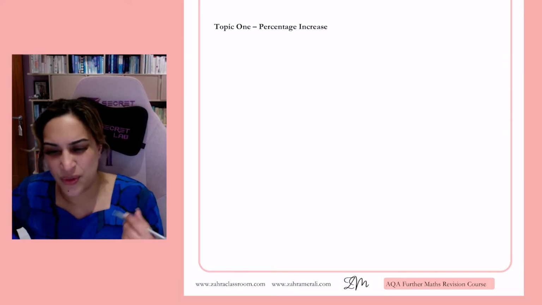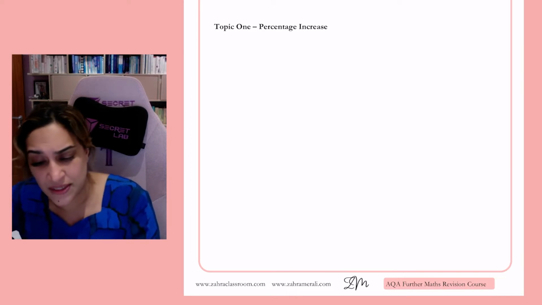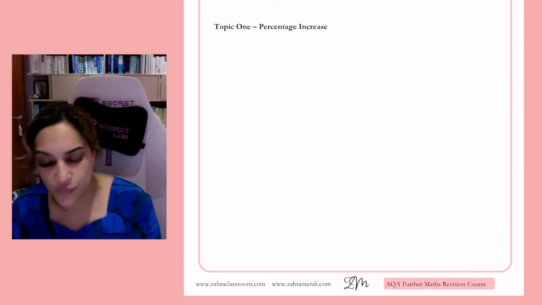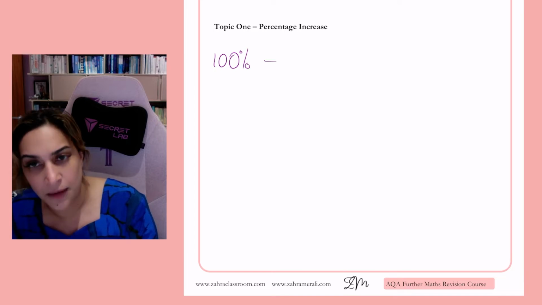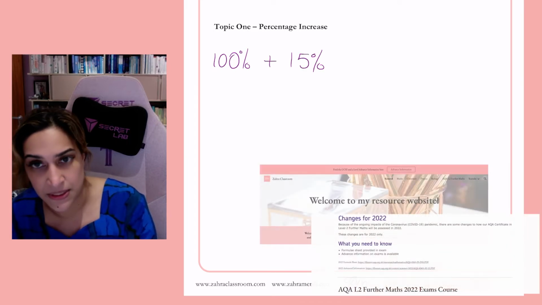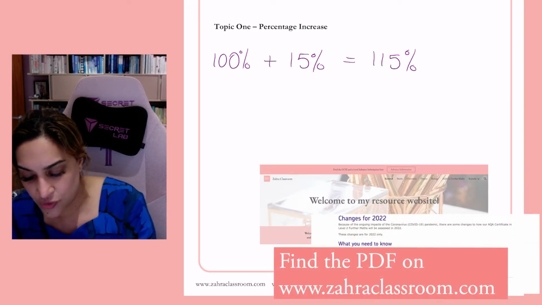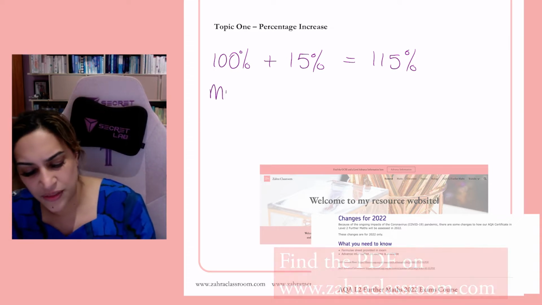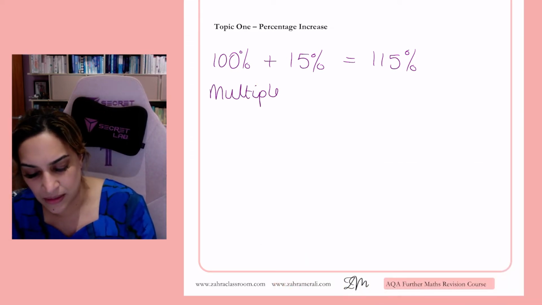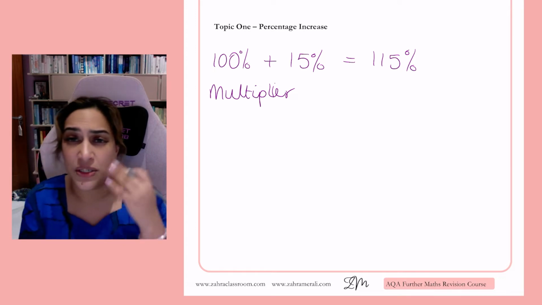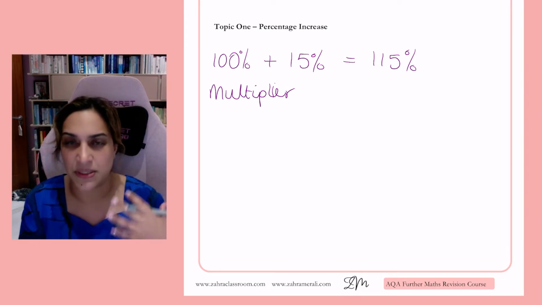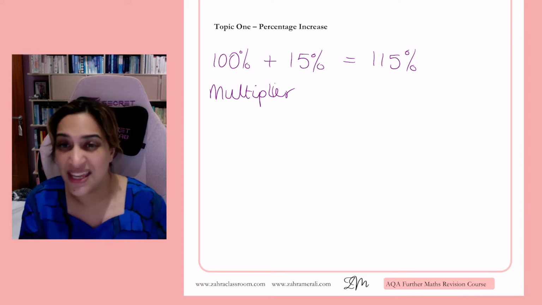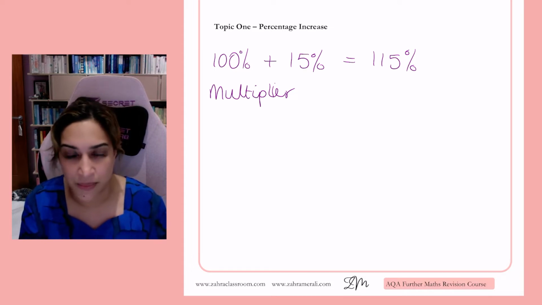Percentage increase. If I said to you I want to increase a value by 15%, it means I want the original 100% plus the additional 15%, so I'm looking at 115% of the original value. We're going to think of things in terms of multipliers, because whether it's an increase or decrease, this helps us to calculate things. Remember, percentage is just a fancy way of dividing by 100.